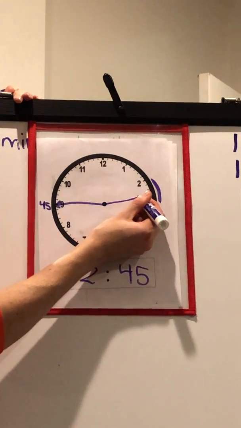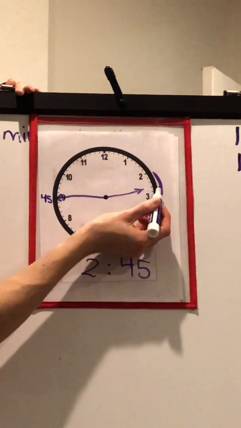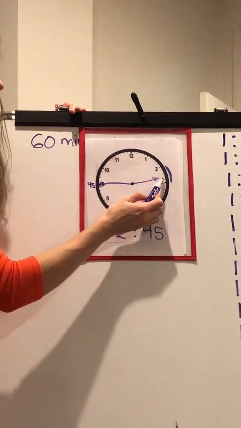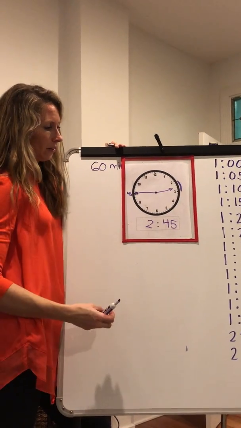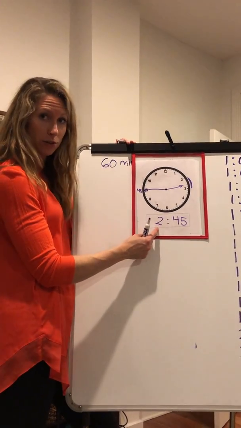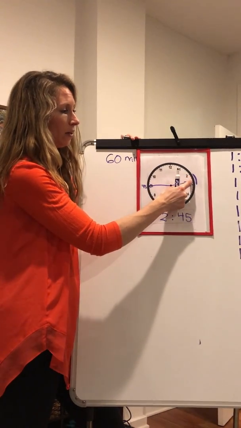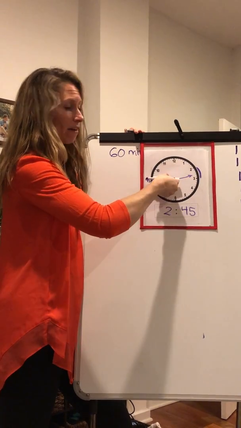So my shorter hour hand is not going to go all the way to the outside, because it needs to be shorter, but it's going to be on its way to the 3. Okay, so that's what your clock will look like for 2:45. Your hour hand is past the 2, on its way to the 3, and the minute hand has traveled 45 minutes around.